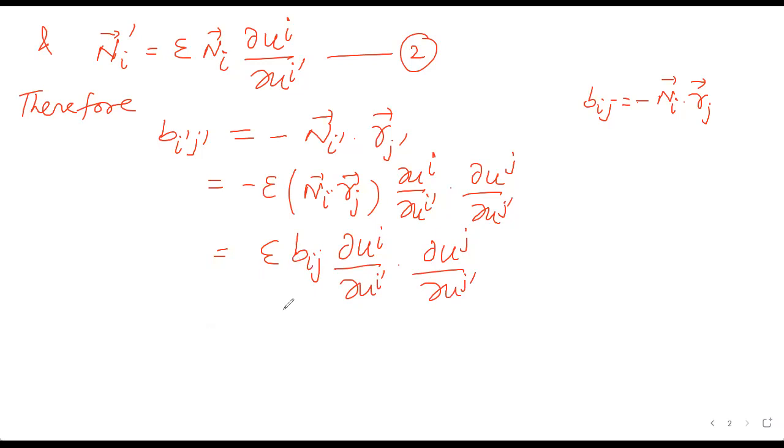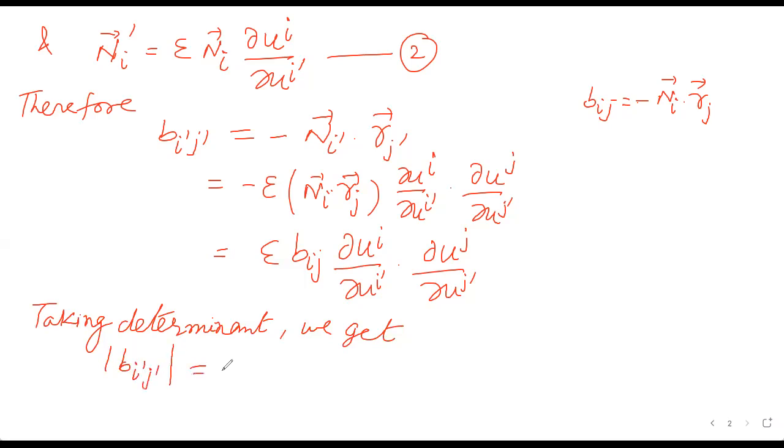So taking determinant both sides, we get, I want to find B. So you have determinant of b_i'j' equal to determinant of epsilon b_ij, determinant of ∂u_i/∂u_i dash and determinant of ∂u_j/∂u_j dash.